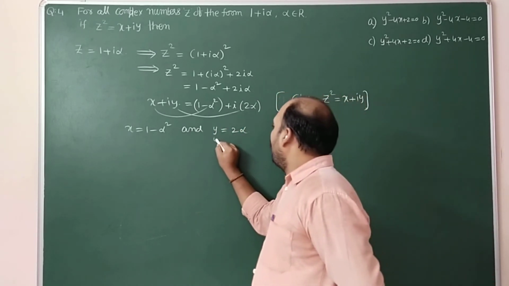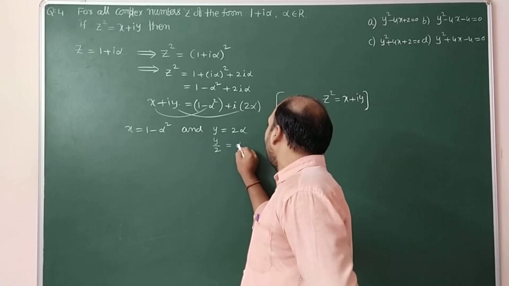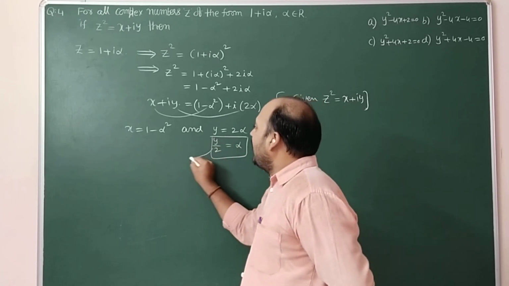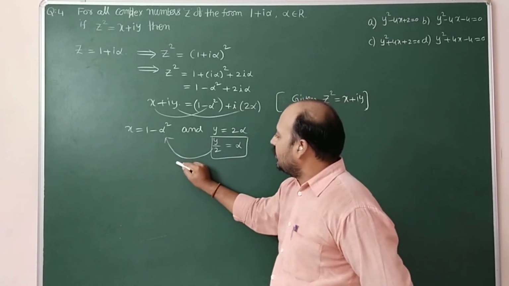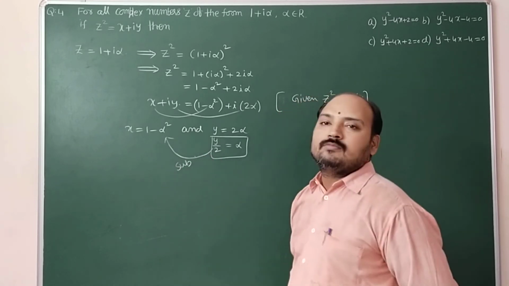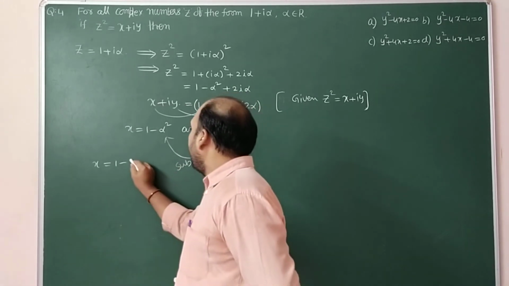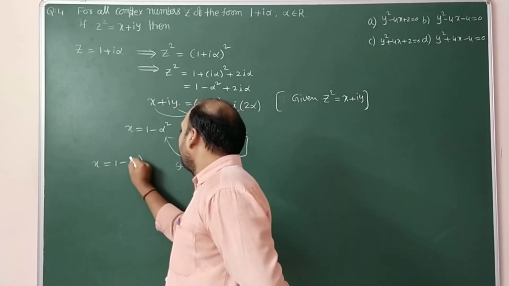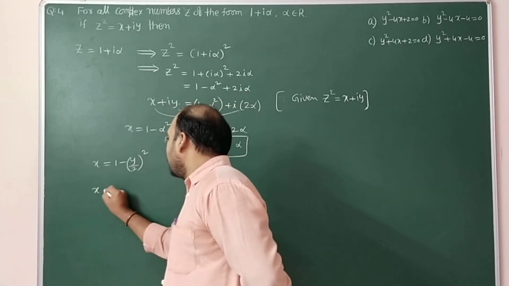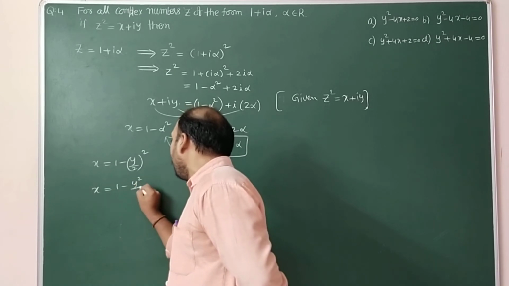So now y by 2 is equal to alpha. Substitute this alpha value in this equation. It becomes x is equal to 1 minus y by 2 whole square. So x is equal to 1 minus y square by 4.